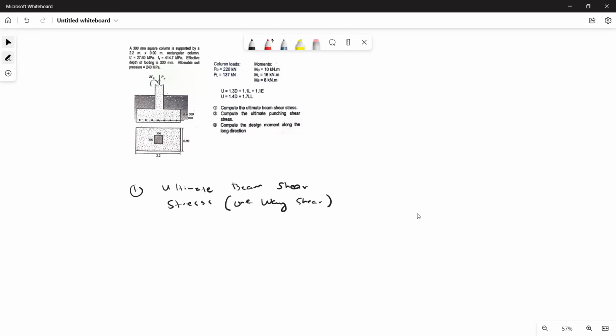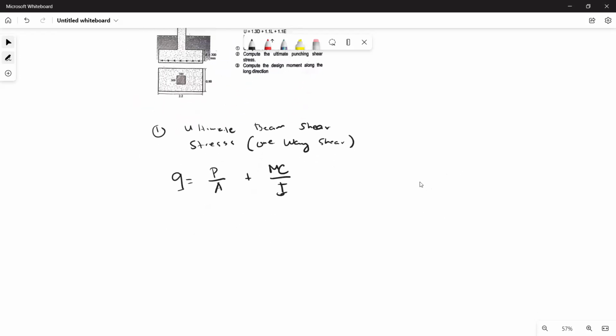Ganito rin yung gagawin natin dito. So kailangan muna natin malaman yung actual soil pressure, which is equals to P over A plus MC over I, or M over SX.